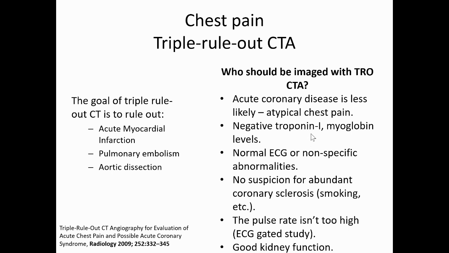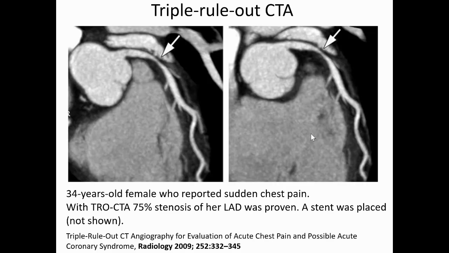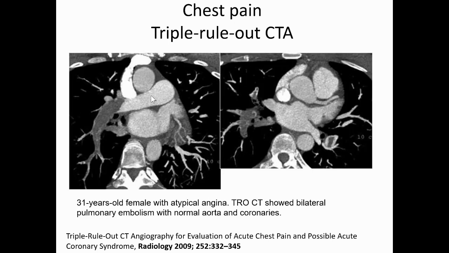or non-specific. So here are some images of younger patients who have significant disease. So this patient has significant stenosis on the left anterior descending coronary, and later on a stent was placed, but that's not shown.